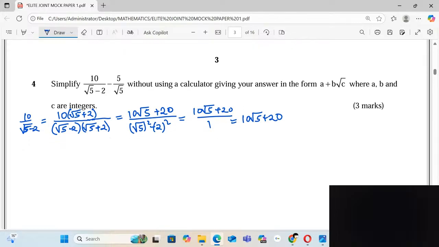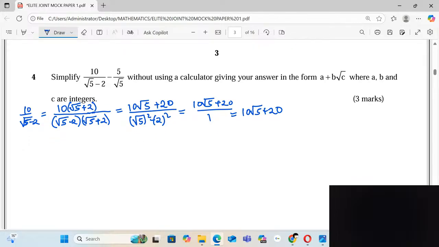We've rationalized. Then we move to the second part, which is 5 over root 5. For us to rationalize, you take it as root 5 times root 5.